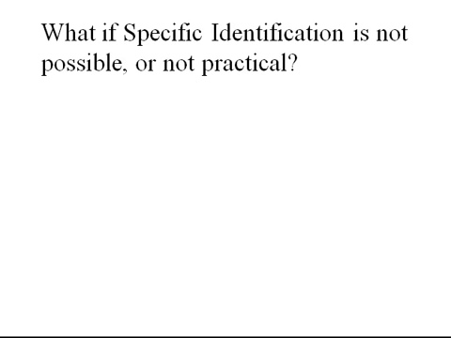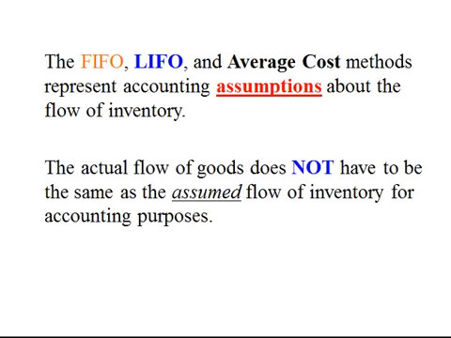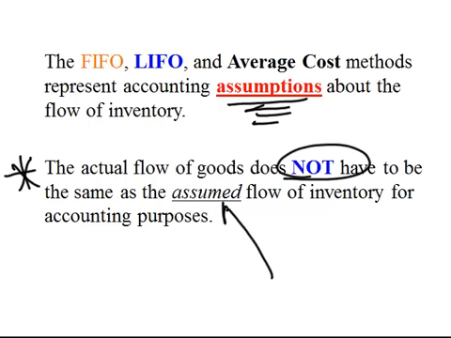If specific identification is not possible or practical, we will have to use an assumption. It's important to understand that these methods do not have to correspond with the actual flow of goods. It is simply an assumed flow of goods for purposes of tracking costs.